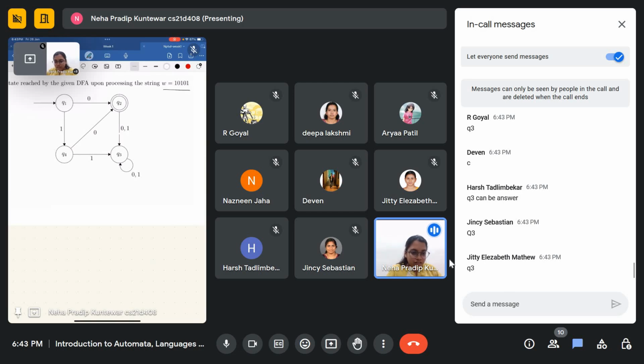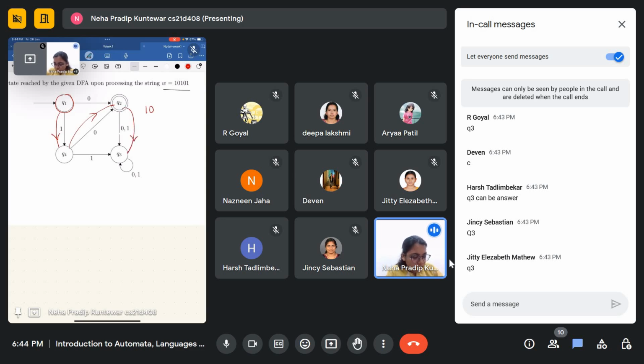I think all of you have got it right. We'll just read the string. You start with Q1 because that is your initial state. Then on reading 1, you go to Q4. Then you see a 0, so we've read 1, 0 so far, and you go to Q2.